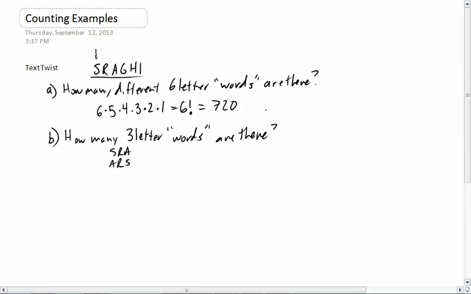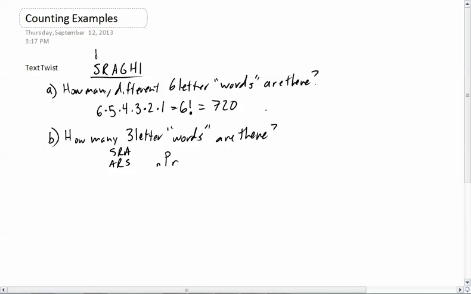Those are different words, right? They're the same letters in a different combination, but the same combination, but a different permutation. So we're asking how many 3-letter words. So what we're going to do is use our nPr, because this is a permutation where we only want a specific number. Okay? So this is going to be nPr.